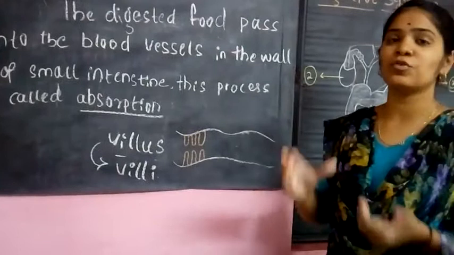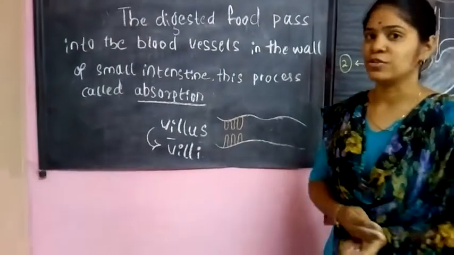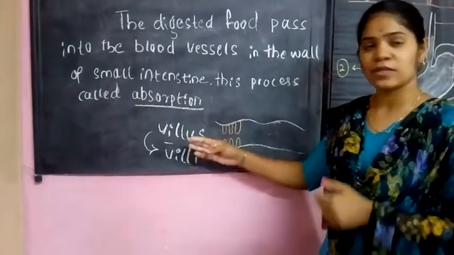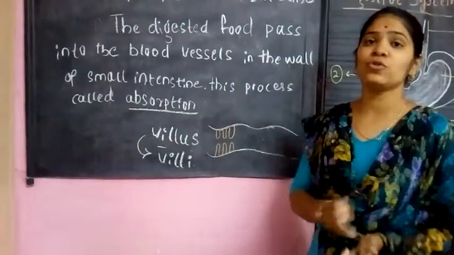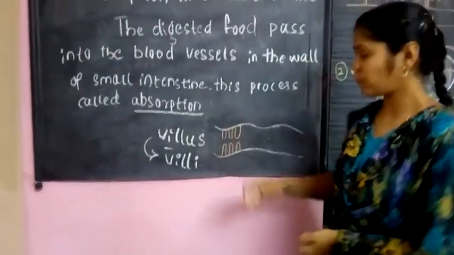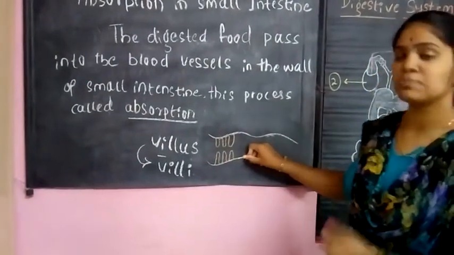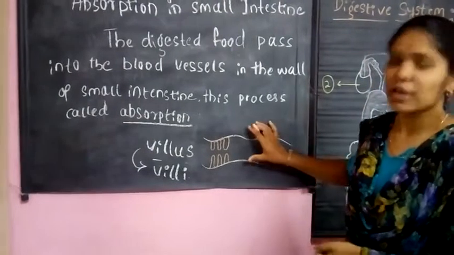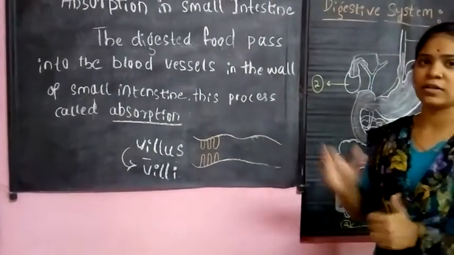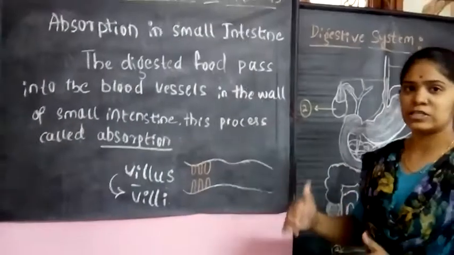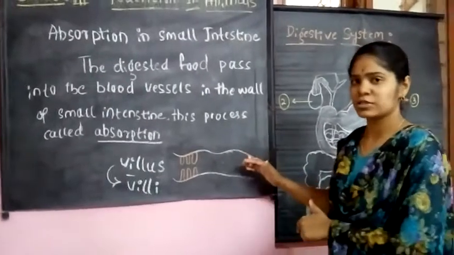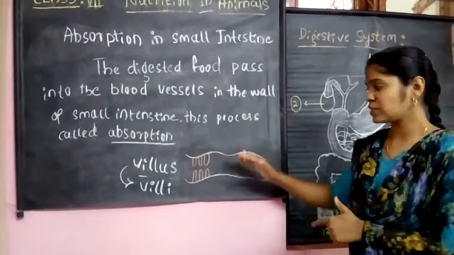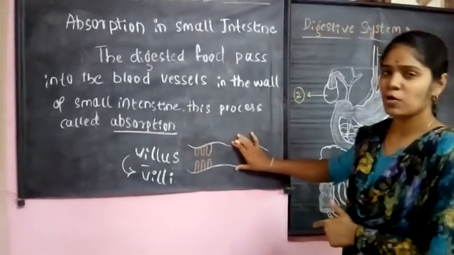When there is an increase in the area of the small intestine, the digested food material will move easily. So the villi help to increase the surface area of the small intestine.